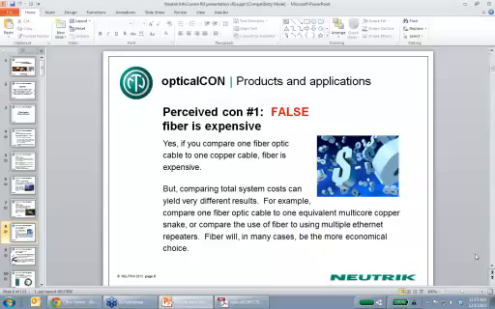Once you're moving 64 channels of audio, or you're moving a lot of video, or you're moving a lot of data, well then suddenly the equation really changes, because now you're at a point where you're talking about having to use multiple cables in the copper world as opposed to one cable in the fiber world. So this perceived con that fiber is expensive is false, because it's not expensive in a case where you do need to move that much data. Make sense? If you don't have to move a lot of data, right, use copper. But if you do have to move a lot of data, fiber can wind up being the more economical choice in many cases by far.